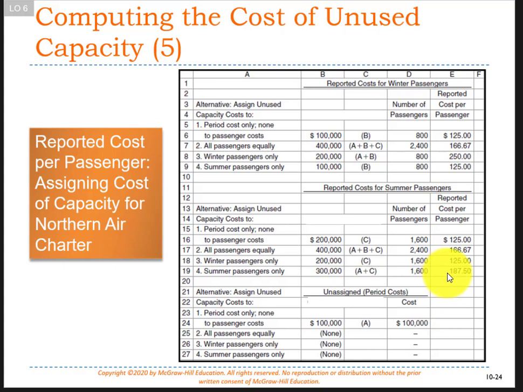Right now, we couldn't meet that demand. We're already at capacity. But we could increase our capacity, we could fly more passengers in the wintertime. And that's what this measures. It says, okay, that's going to cost $125. We want to look at what we should charge customers. We would start with that 125 and then try to work in a profit and variable costs and that sort of thing.